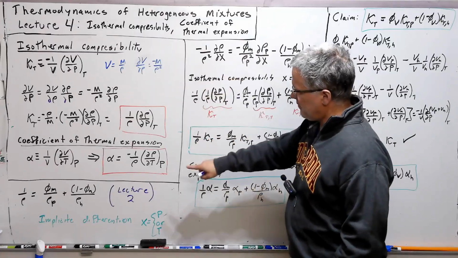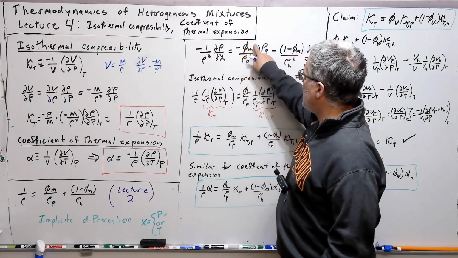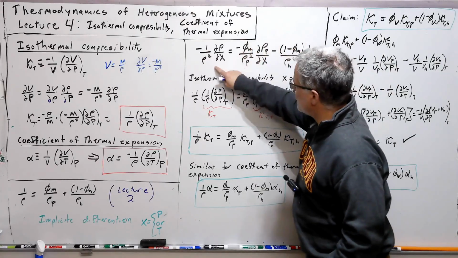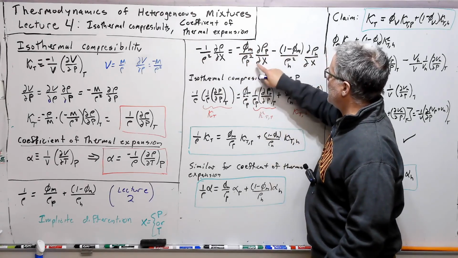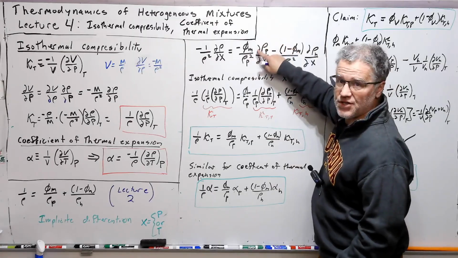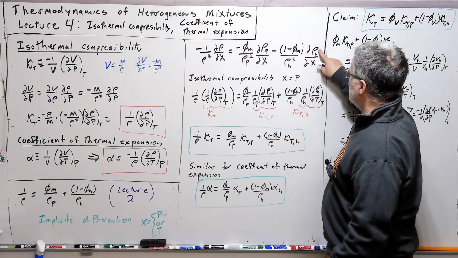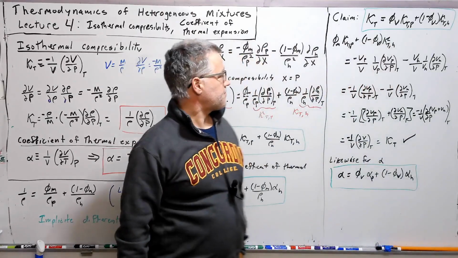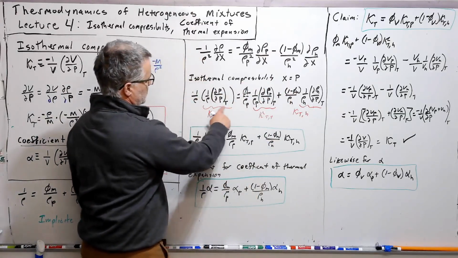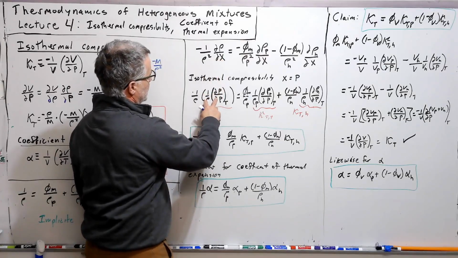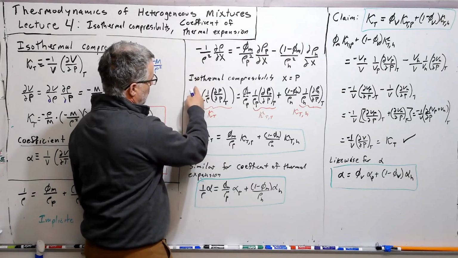So let's differentiate both sides, and we get minus 1 over rho squared equals minus phi m over rho p squared, where this is the density of just the particle, and then here we have a minus, then the density of the host material. So for isothermal compressibility, x is P, so let's put this in here. Now let's pull out a 1 over rho.